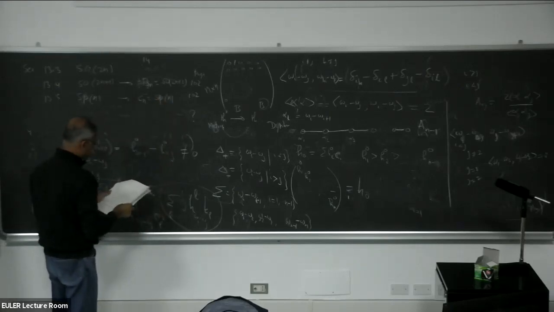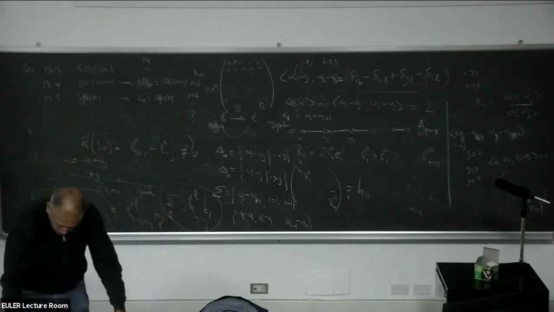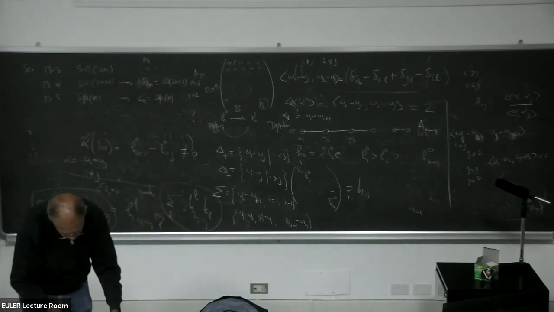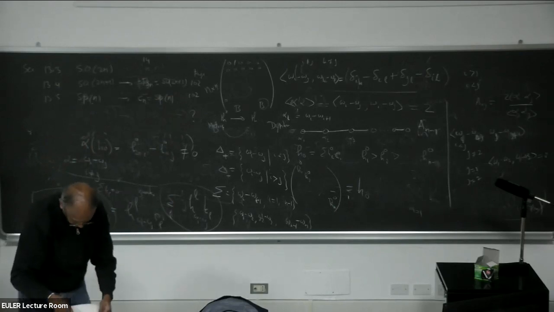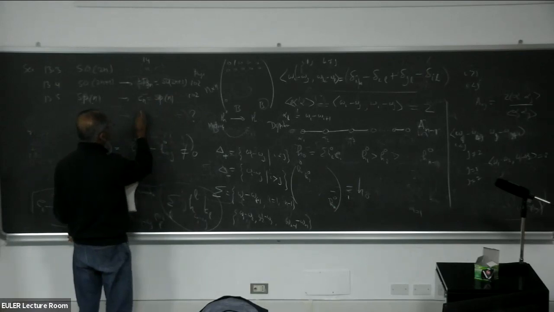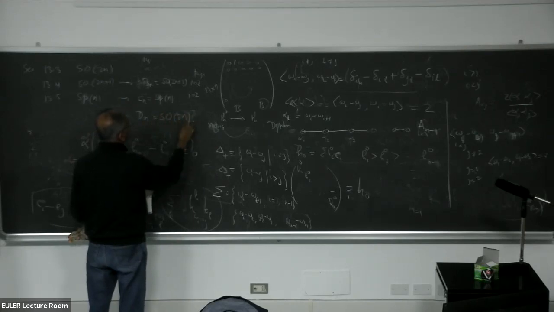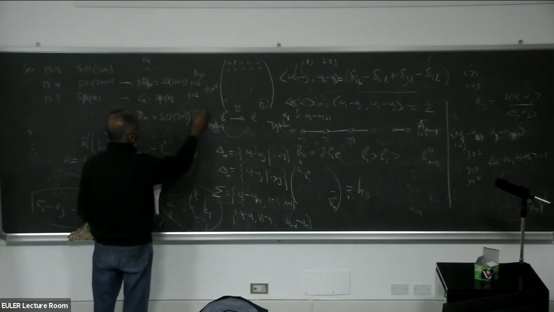And the D_N is probably the next page. Yeah, the D_N is the next page, the D_N series, the SO(2N). So this is on page 103.